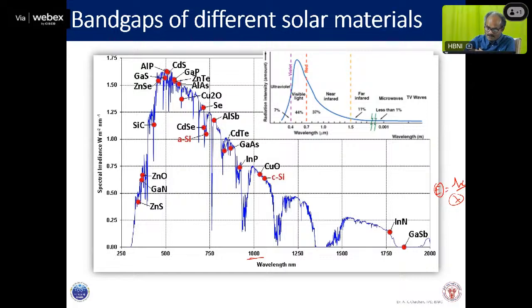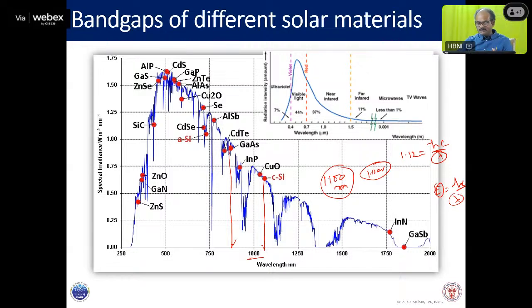If we see gallium arsenide, it has its corresponding energy here. Similarly, silicon has 1.12 eV, and if you use this formula, 1.12 is equal to hc by lambda, you will find that the value of lambda comes to nearly 1100, or slightly less than 1100 nanometer.